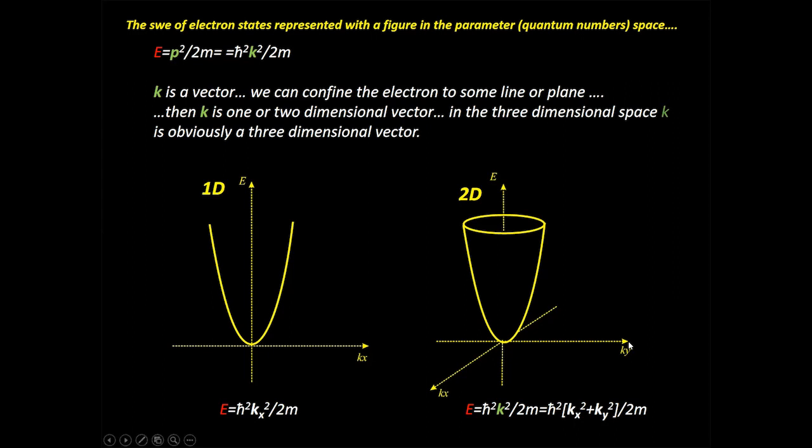This is the momentum on a surface only, on a plane, and on the third axis you have energy, kinetic energy. So then you may represent the set of electron states with a figure in the parameter space, or quantum number space, let's say.